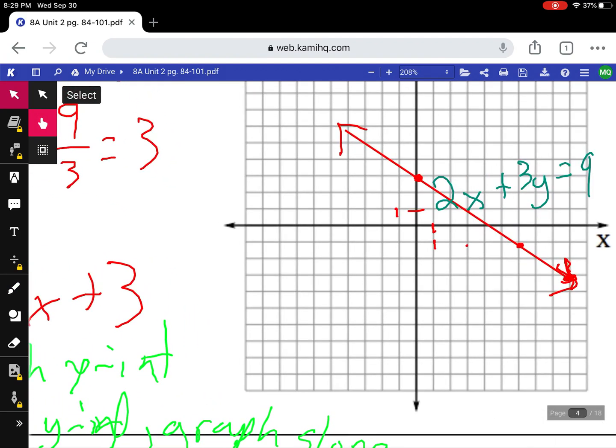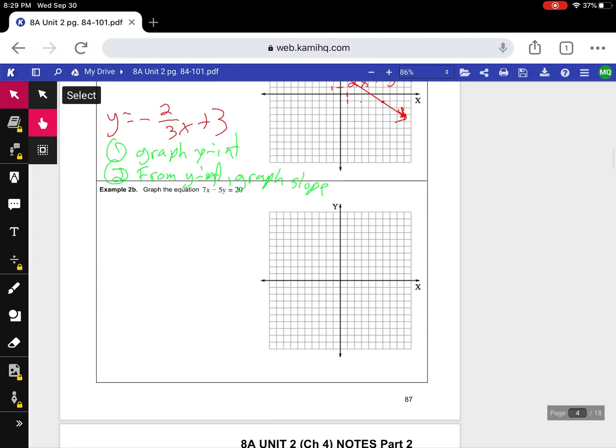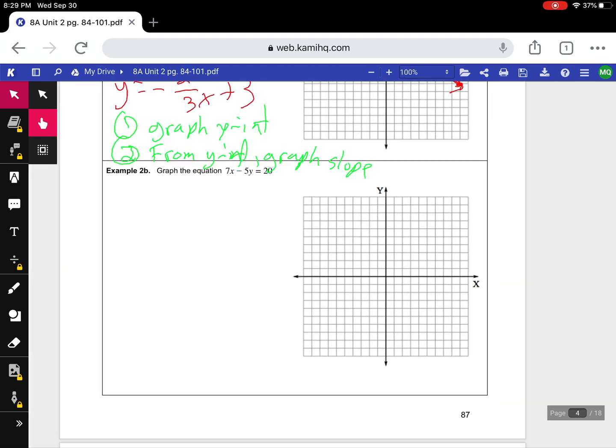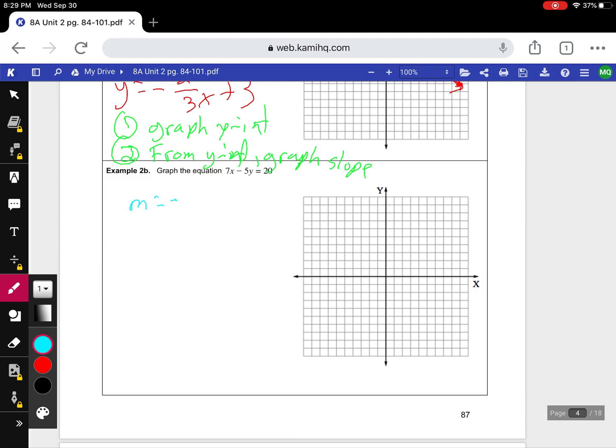And there you have it. Okay, let's look at the one below. The graph of the equation is 7x minus 5y equals 20. Okay, I'm going to go ahead again and use my shortcut that I just taught you. m equals negative a over b. Okay, so remember we've got a, we've got b, and we've got c.